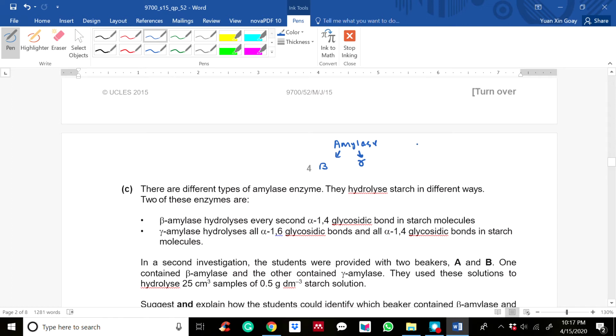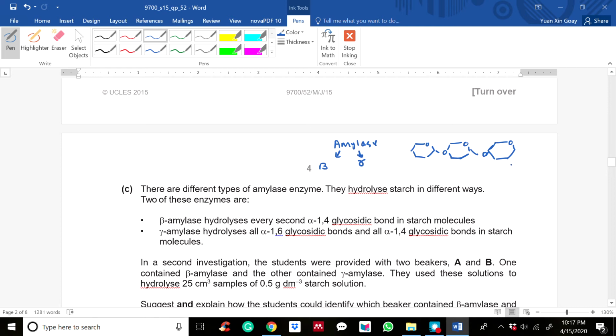Now they are cutting at different glycosidic bonds. So you have learned about glucose molecules. They can join by alpha-1,4 glycosidic bonding, as you can see here. So this is the alpha-1,4 glycosidic bond.